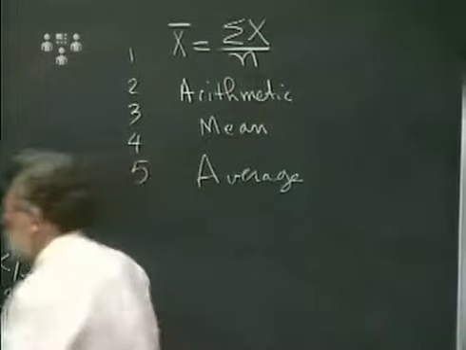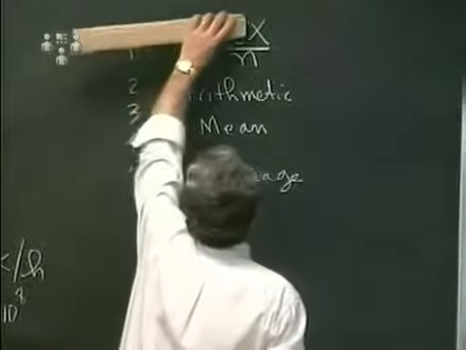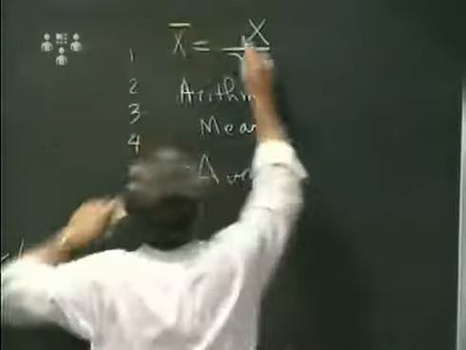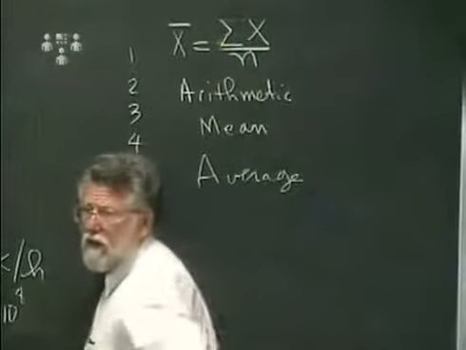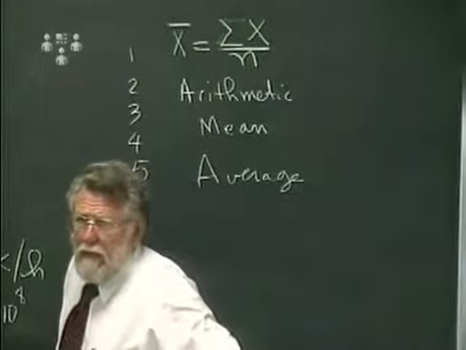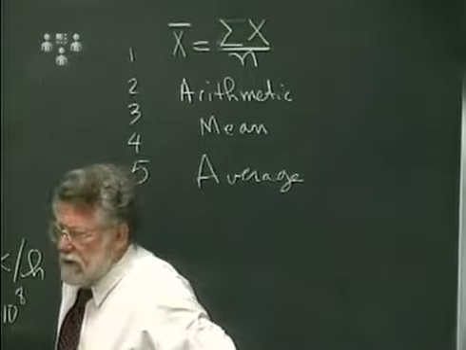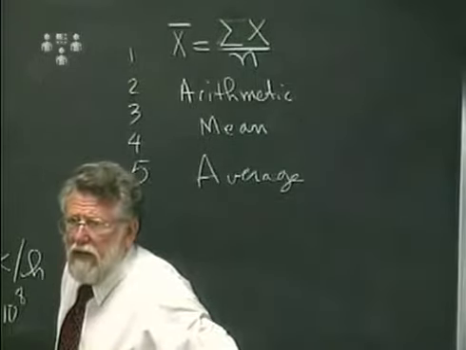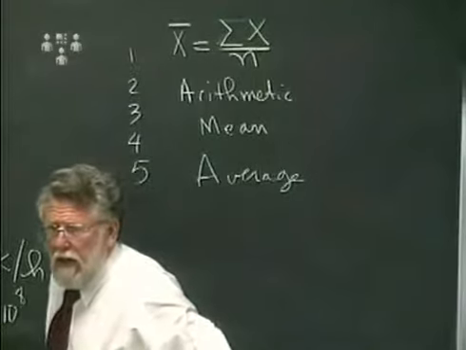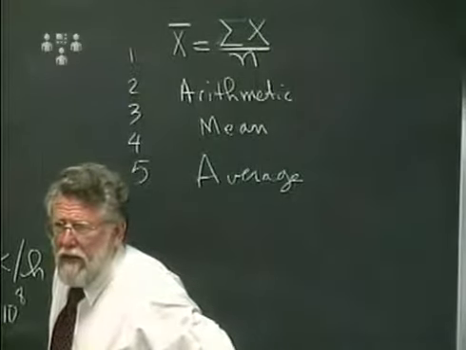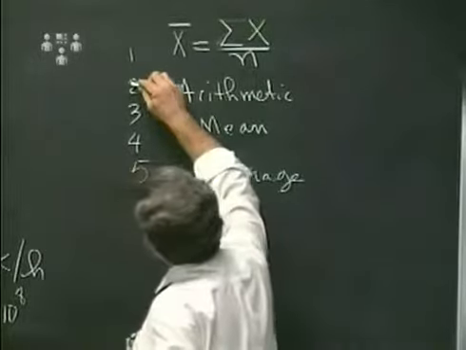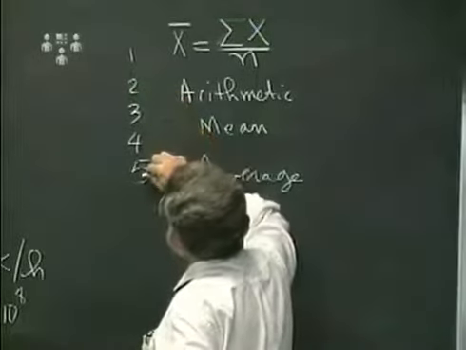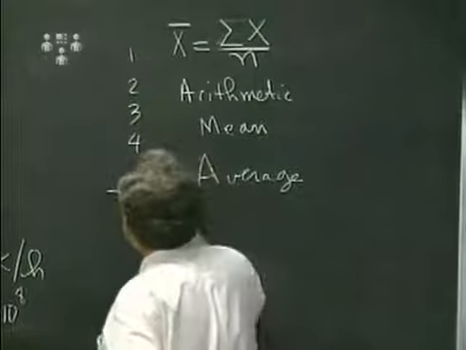Now that Greek symbol, and I didn't do justice to that Greek symbol, let me do it a little bit better. Okay, that is called sigma, and it means simply we're going to add up these numbers. So if I add up these numbers, there's a very nice total here, from the standpoint that you get grouping by tens. So you have a 2 and a 3 is a 5, and this 5 makes 10, another 4 and 1 makes 10.